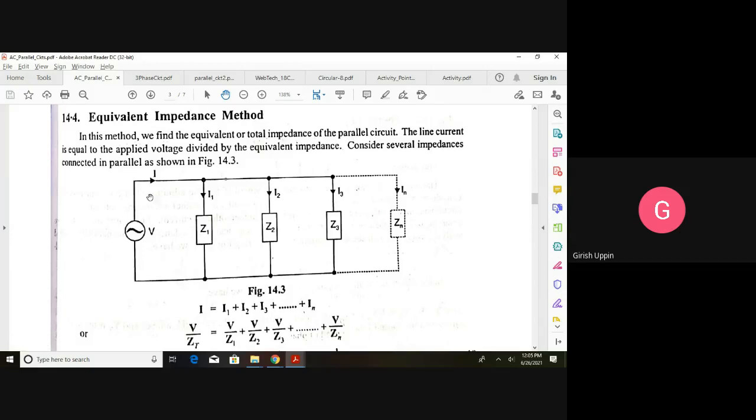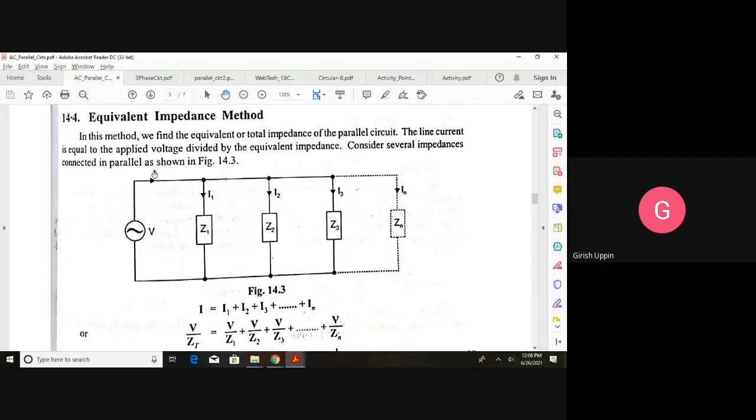Now you can see impedance Z1. This could be RL, RC, R, whatever the combination, RLC. So Z1 we know. This is connected in parallel with Z2, Z3 and so on up to Zn, which is connected across a voltage source of V. It will result in a total current of I and individual branch currents I1, I2, I3 and so on up to In.